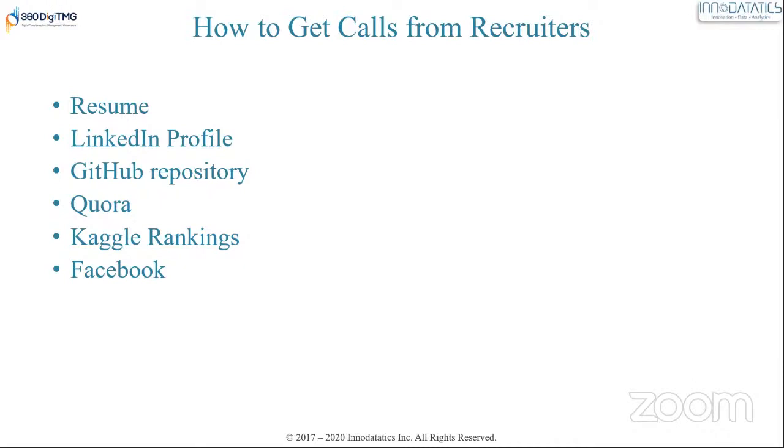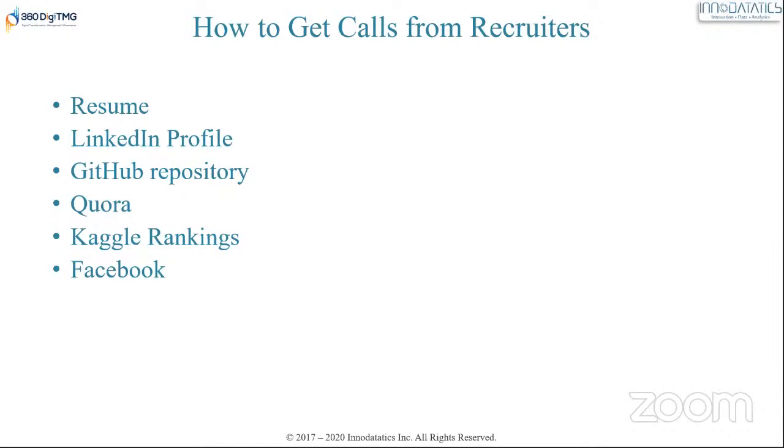So if somebody is seeing your LinkedIn profile, people approach you based on that. When your resume gets picked up, they look for important keywords. They look for a GitHub repository. They look for whether you have given some responses, or you have been a contributor to Quora. Kaggle rankings are simply amazing. They are very, what shall I say, elite.